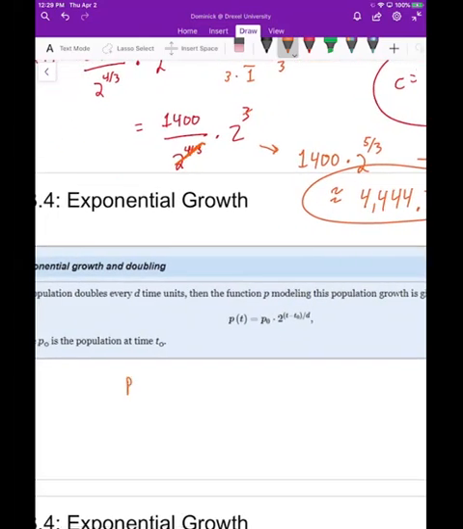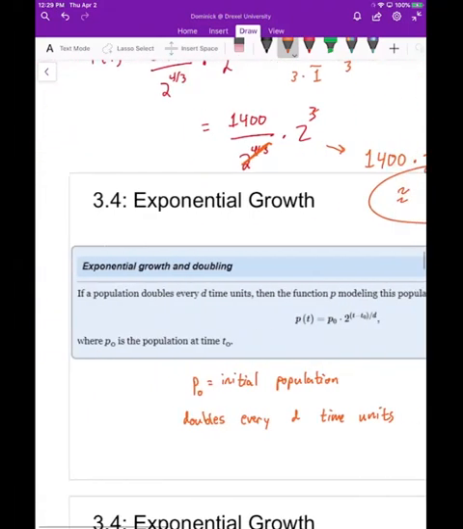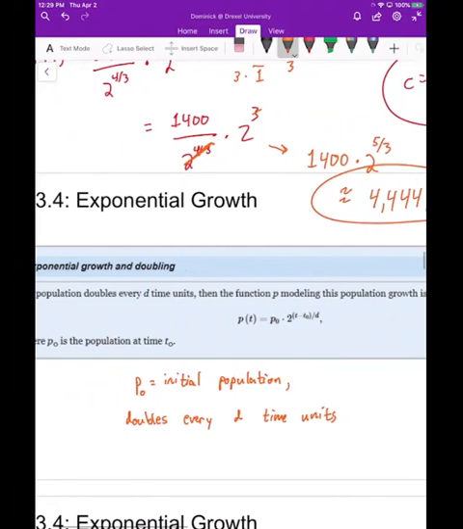So if our initial population is P0, and we know that the growth doubles every D time units, and then this corresponds to T0, at time T0, not T equals 0, which is usually the same thing, but I want to be consistent.